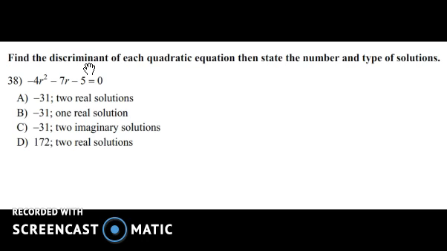So let's start off by using our quadratic formula and figuring out what it means as far as our x-intercepts are concerned. We have to identify the A, B, and C, which means A is minus 4, B is minus 7, and C is minus 5. Let's plug it in to the formula and see what happens.